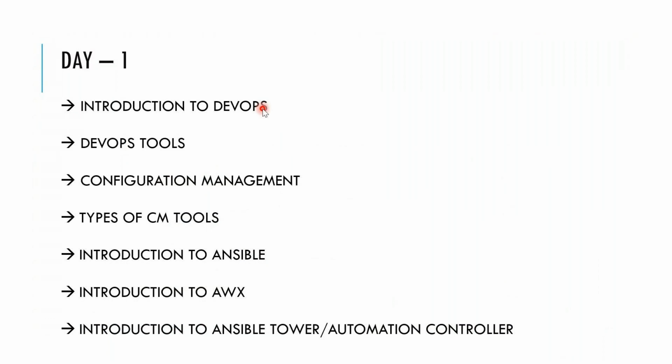DevOps is popular because of the agile model. That's the fact. If you see in real time, which team is using DevOps, they are following the agile model. Am I right? Yeah. It is on the successful agile model only that DevOps has become popular.